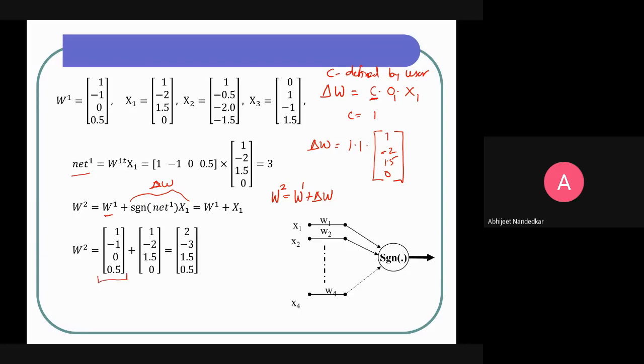This is my W1. This is the change in weight computed by Hebbian learning. And this will give you a fresh copy of the weight vector.